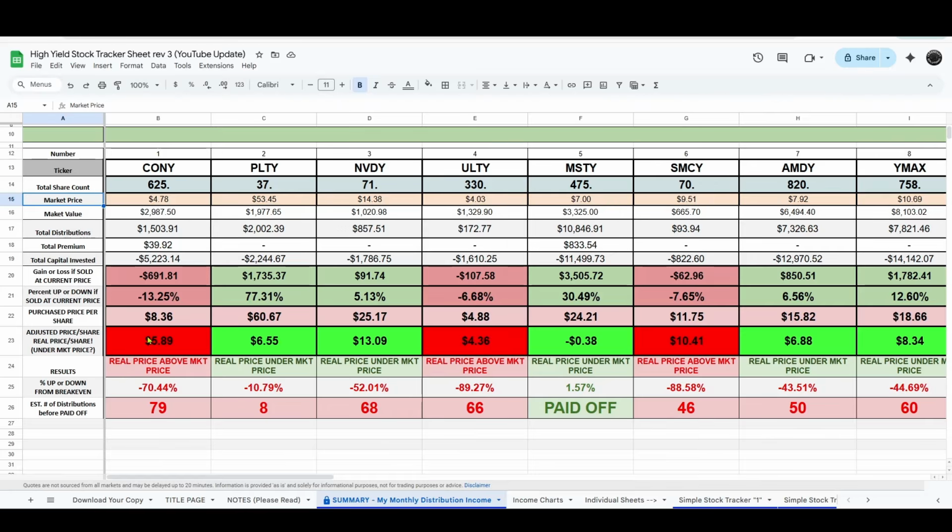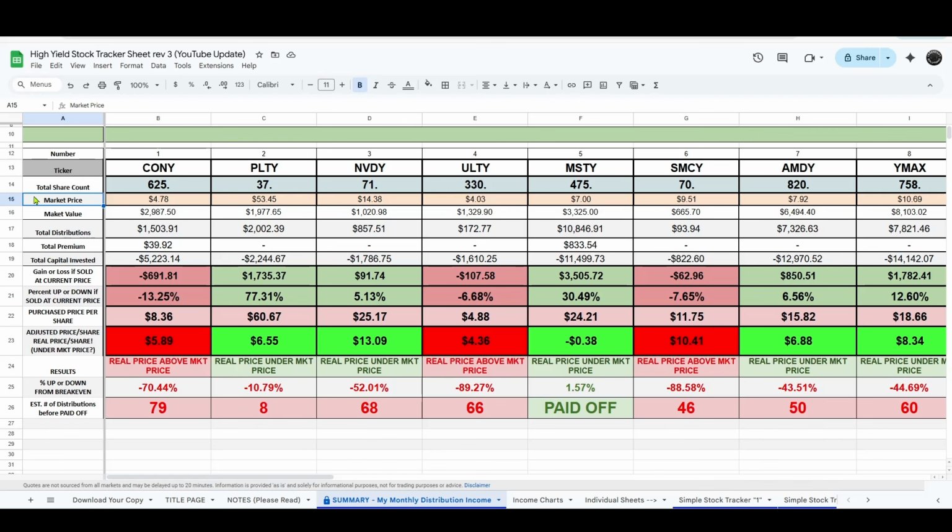But I just wanted to show you the power of knowing what your real price per share is. Even though, say in PLTY, I have an average purchase price of $60.67, that is not my adjusted purchase price. That is my average purchase price.